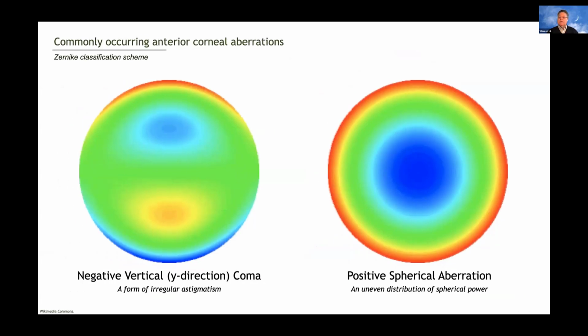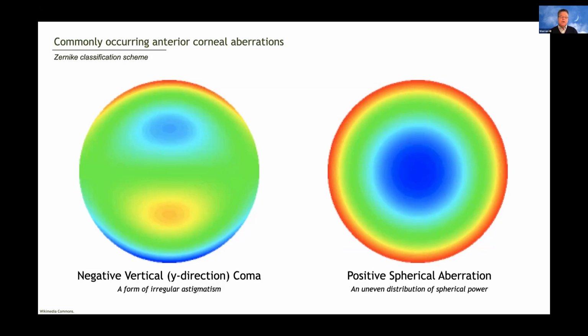So when we look at a topographic map and we look at coma or spherical aberration, this is basically what we see. Coma is simply a form of irregular astigmatism, and whether it's negative, y-direction coma, or positive x-direction horizontal coma, it has to do with where the power is distributed on the cornea.